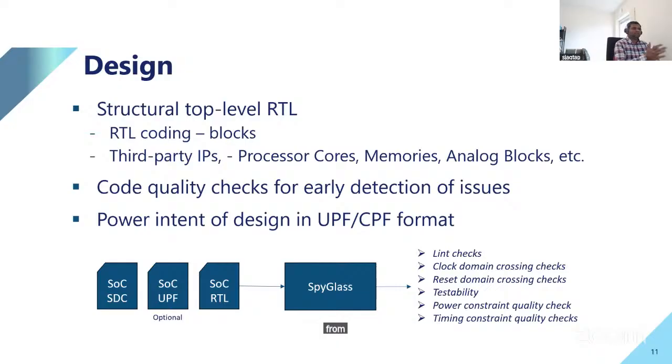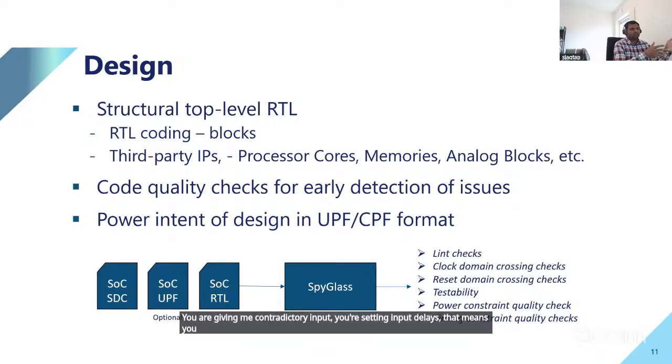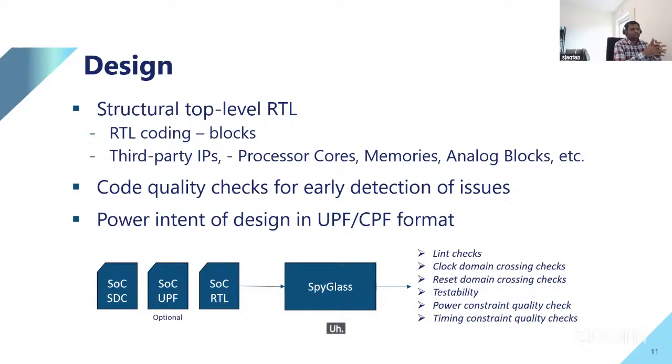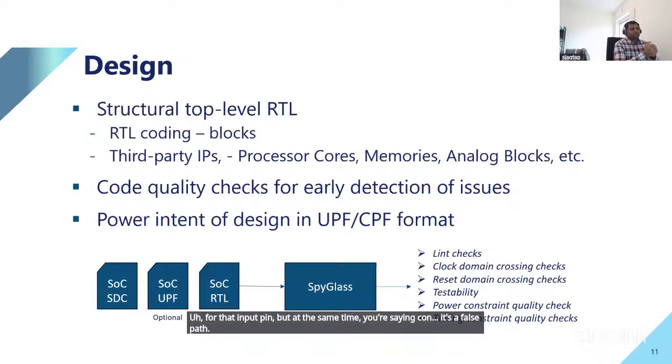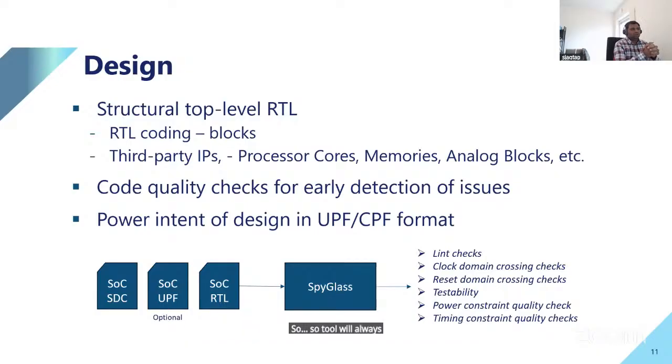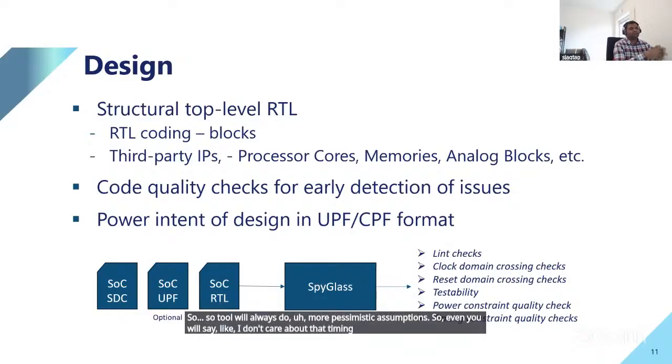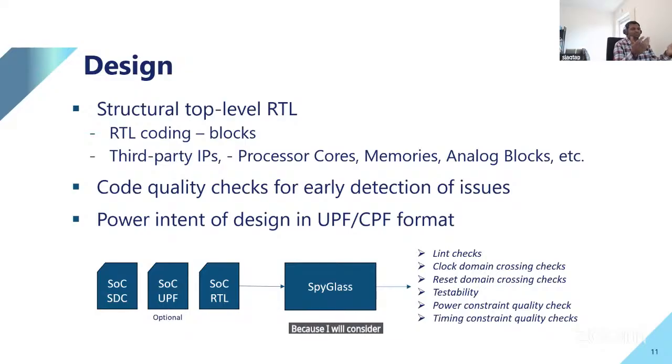The tool will say you're giving me contradictory input: you're setting input delay, which means you want to meet timing for that input pin, but at the same time you're saying it's a false path. So the tool will always make the more pessimistic assumption. Even if you say you don't care about that timing, the tool will say I do care about timing, because I will consider the pessimistic scenario here.